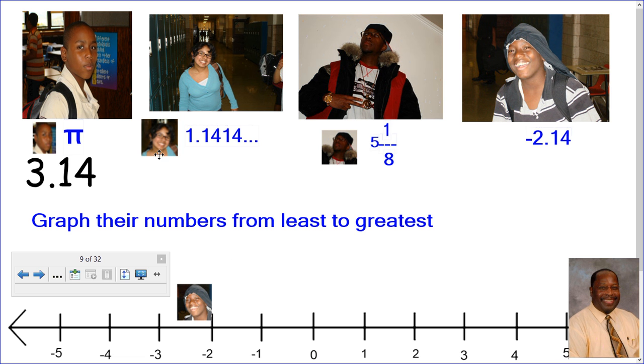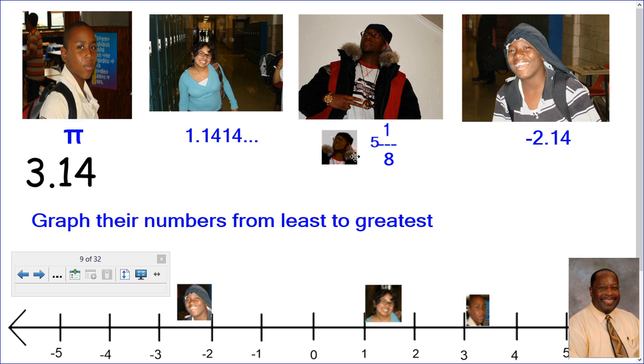The next number would be 1.14, which is over here. So it's a little bit more than 1, so we can put that over there. The next number is 3.14, which we gave as an estimate for pi, which is close to 3.